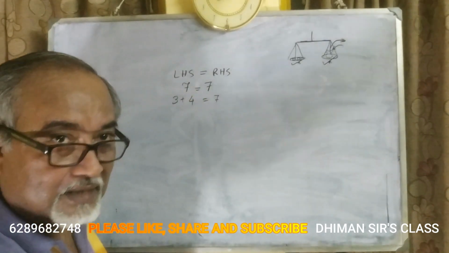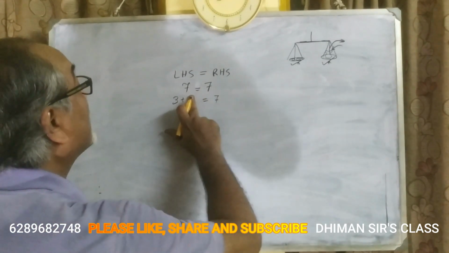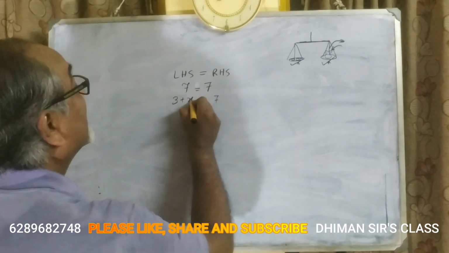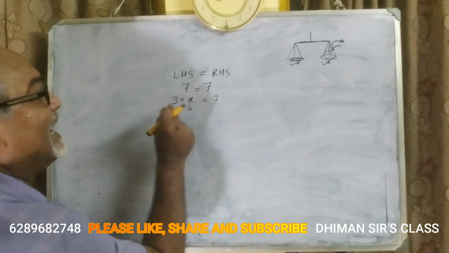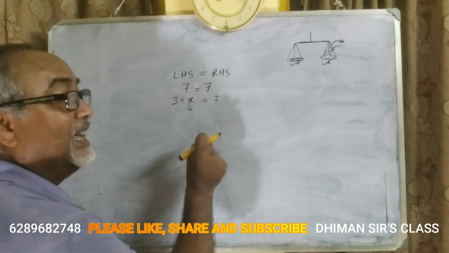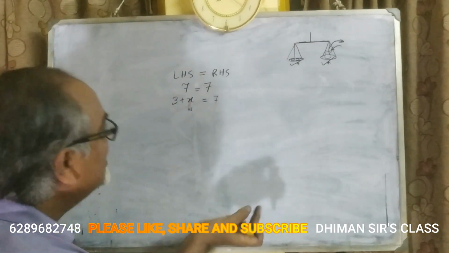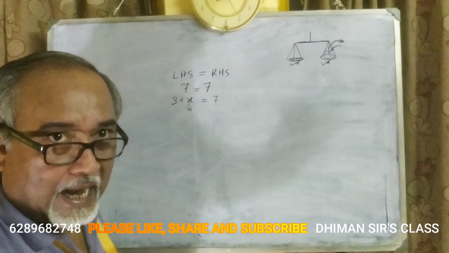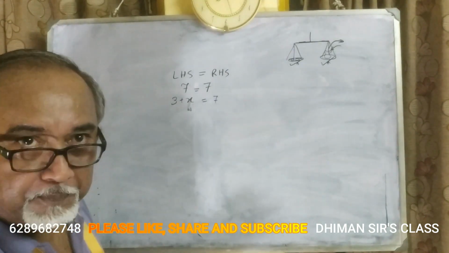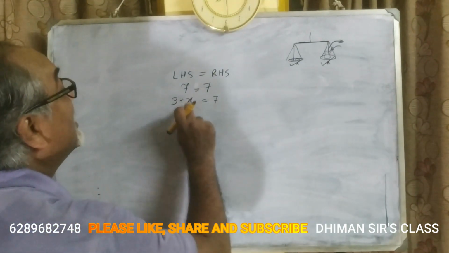Simple. So instead of keeping it empty, if I write X or any alphabet, that symbolizes the thing which is not known to us, denoted by an alphabet, because an alphabet is not a number and mathematics deals with numbers. So we have to find out the number.